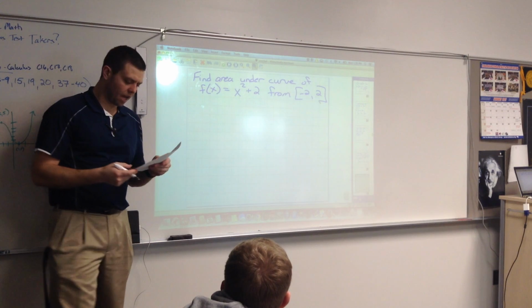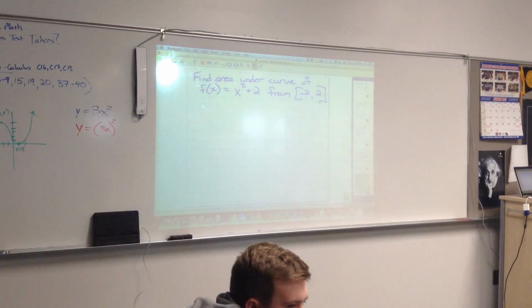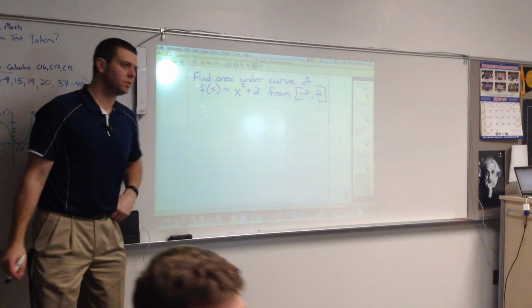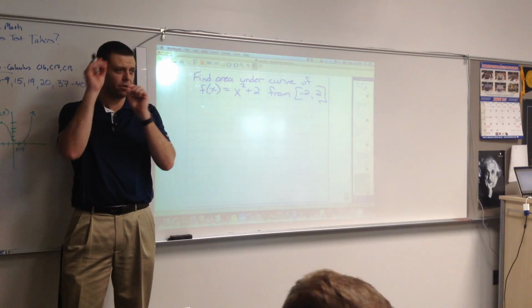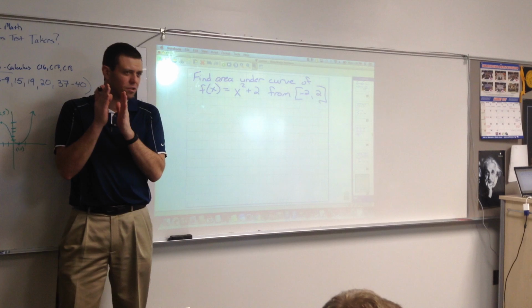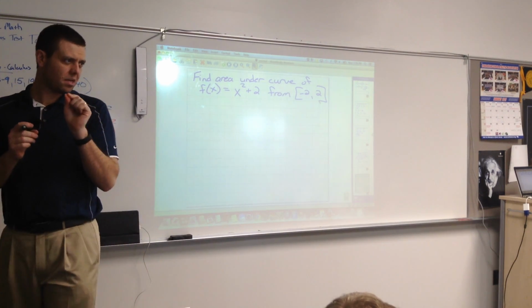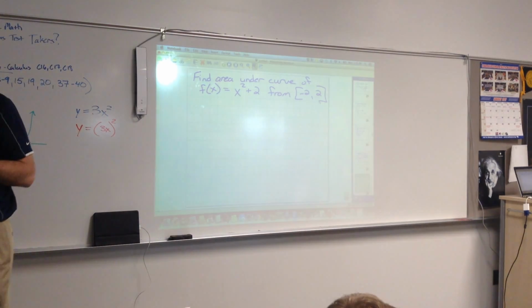And you had to do that using Riemann sums. Riemann sums, remember, was when we broke up the area under that curve into an infinite number of rectangles and added the areas of all those rectangles together in the limit of the area.